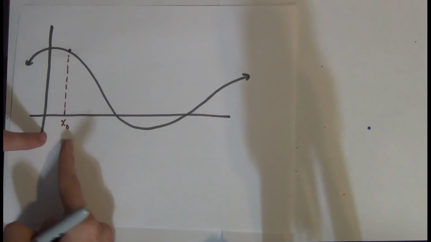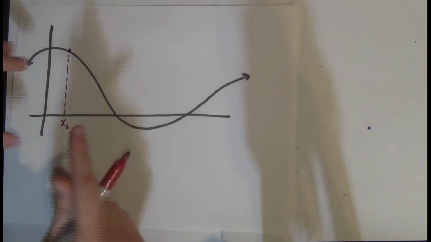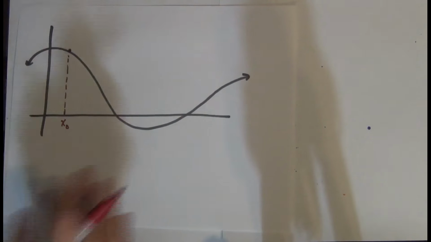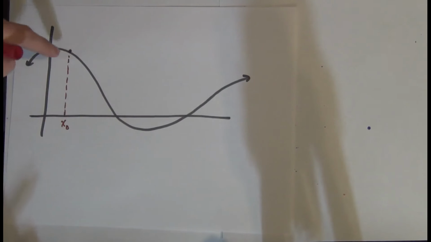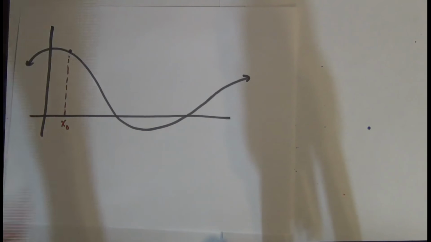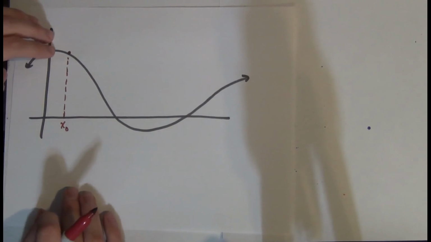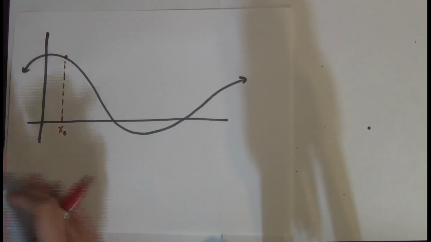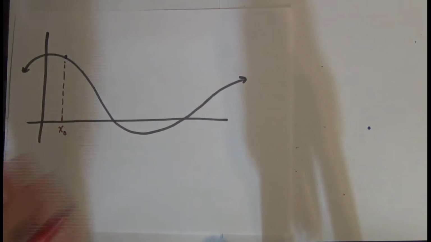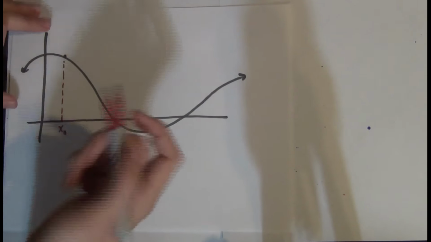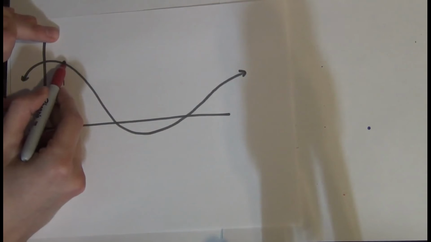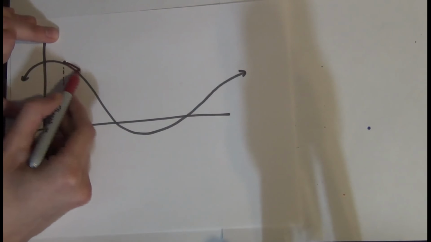All right, now that's an awful guess, but with calculus you can approximate this to be much, much closer by taking the derivative at this point and from that deriving the equation of the tangent line. You know how to find the equation of a tangent line, we just went over that. So if I find a tangent line, I'm going to get something that looks a little like this.